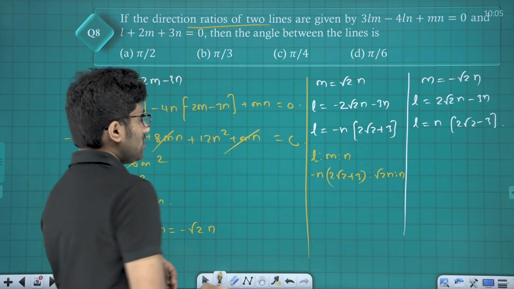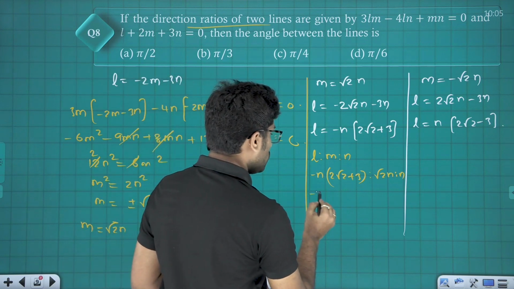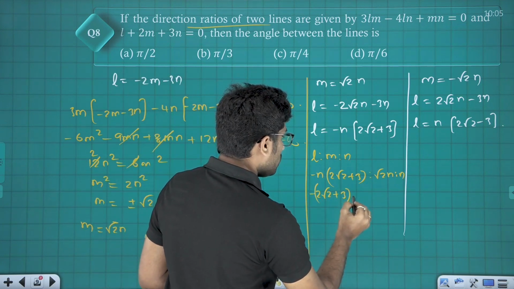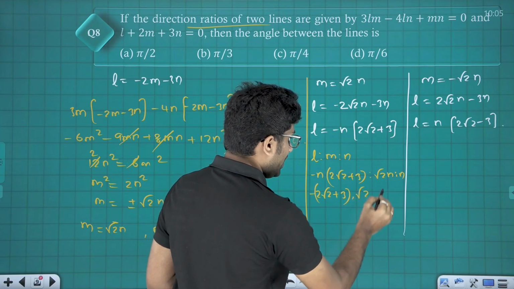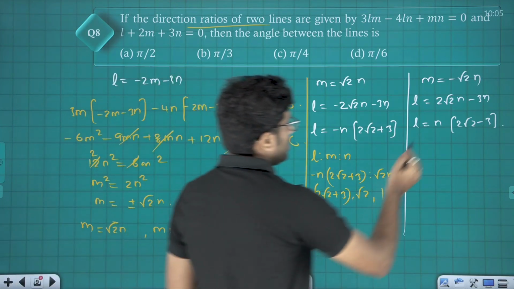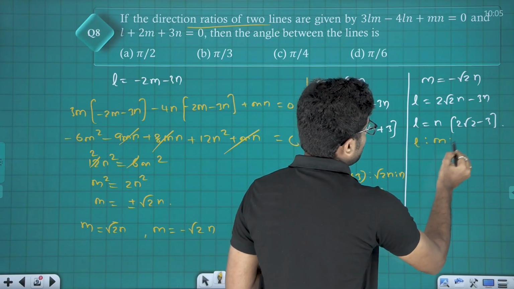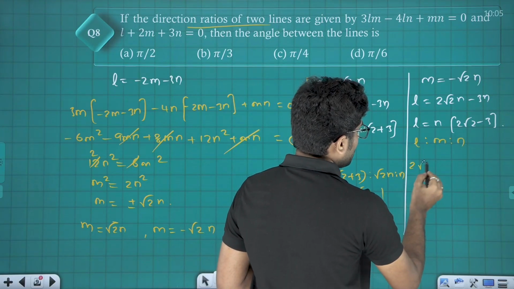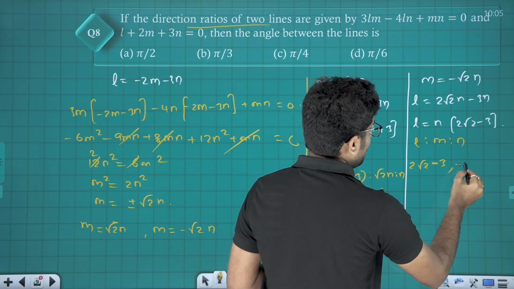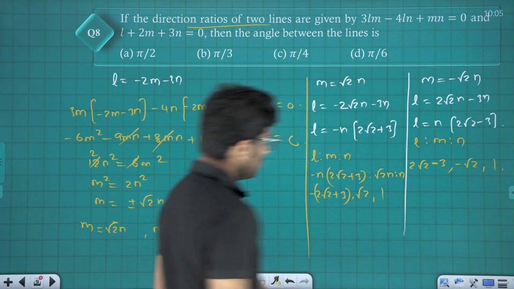Okay, so proportional values we can take it as minus 2 root 2 plus 3, root 2 and 1, because DRs are nothing but proportional values. Next, in this case, l is to m is to n will be 2 root 2 minus 3, comma m will be minus root 2, comma 1.